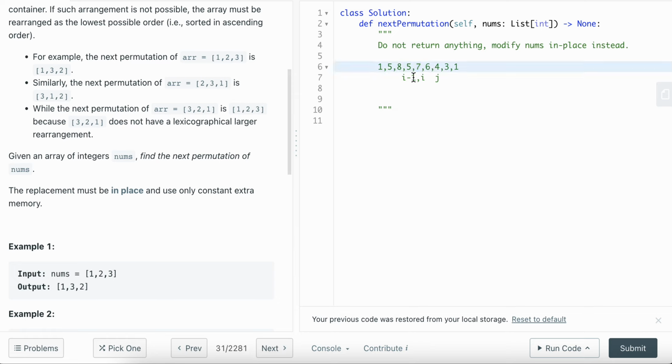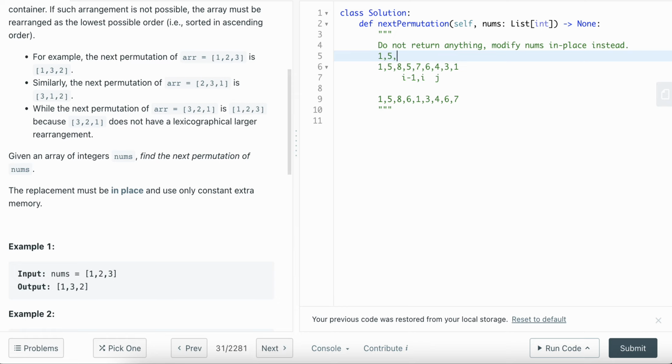This is i minus 1, right? You basically want to reverse the rest of the array, everything starting from the i position. So the next permutation will become 1, 5, 8, 5, and then you reverse the rest, so it becomes 1, 3, 4, 6, 7. Yep, that's basically what we're looking for.